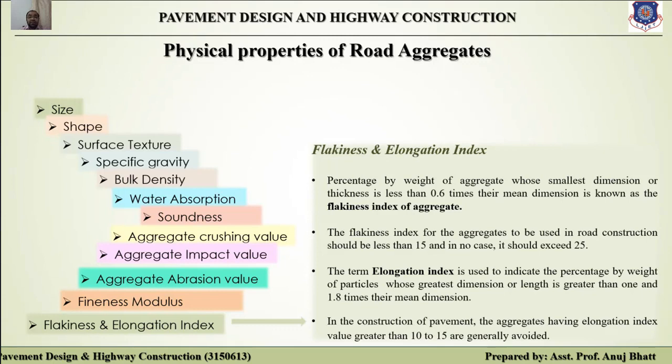The test is not applicable to aggregate sizes smaller than 6.3 mm, and elongated particles are likely to break under heavy loads. In the construction of the pavement, aggregates having an elongation index value greater than 10 to 15 are generally avoided.